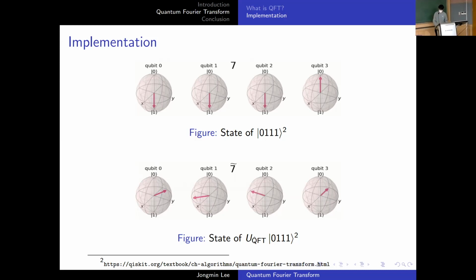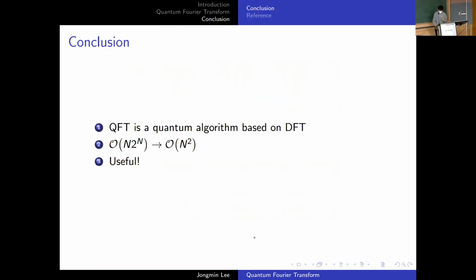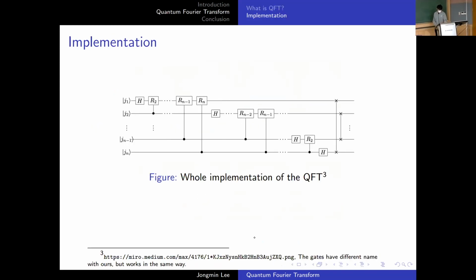Large n, yes. So in this circuit, we have small n squared gates, and each has time complexity 1, and so the QFT's time complexity becomes n squared.